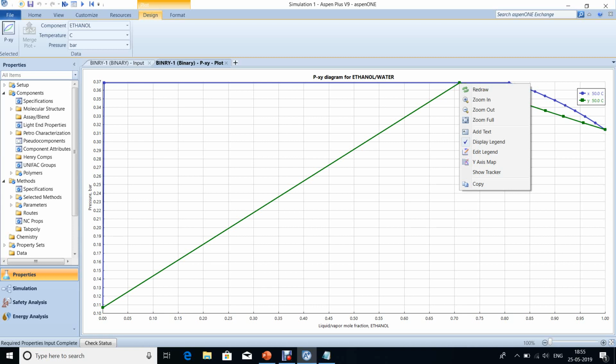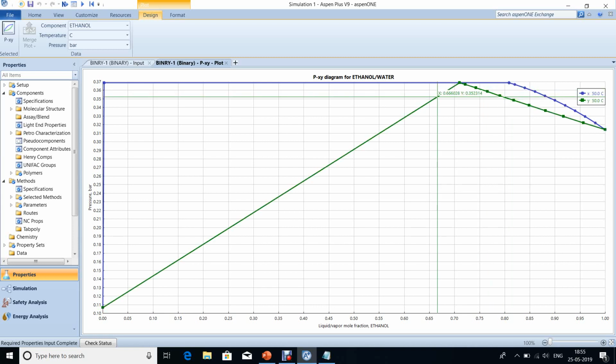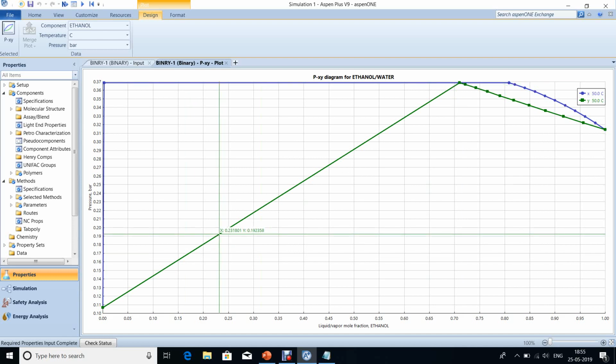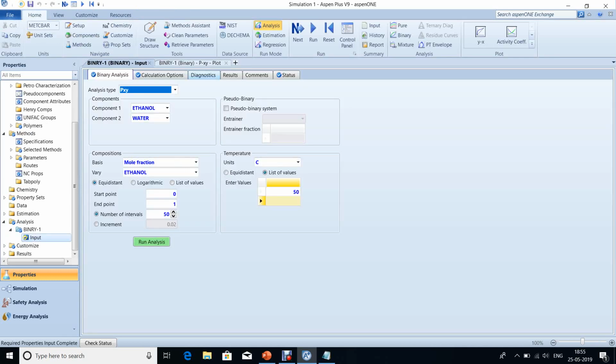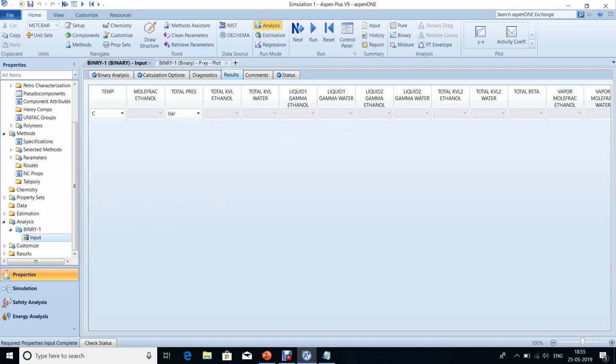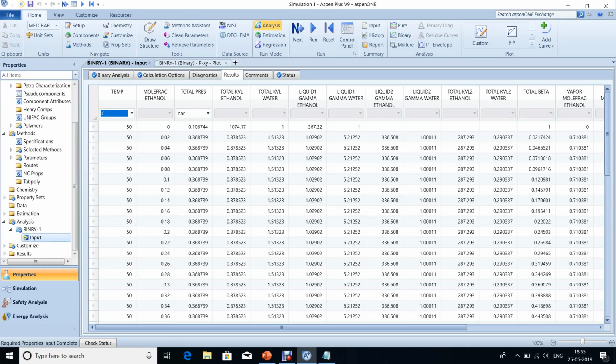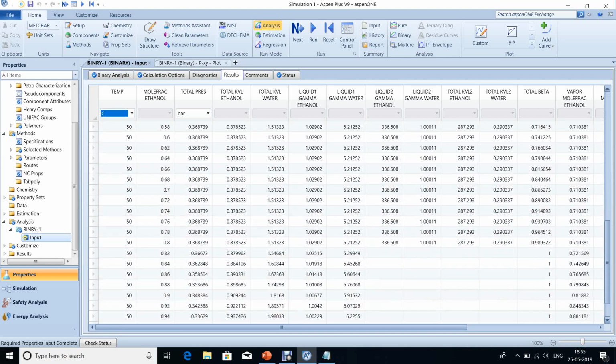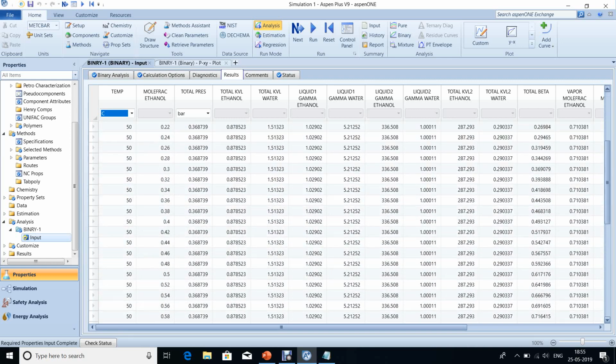We can see that the Pxy diagram is somewhat strange at 50 degrees Celsius. At this point, if I show the tracker, at some 0.71, or I can see this in the result section. These are mole fractions, right?